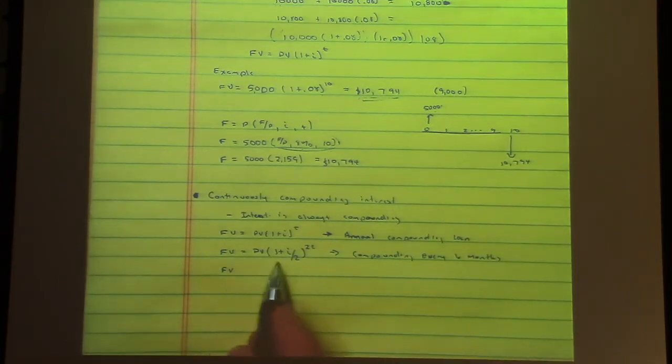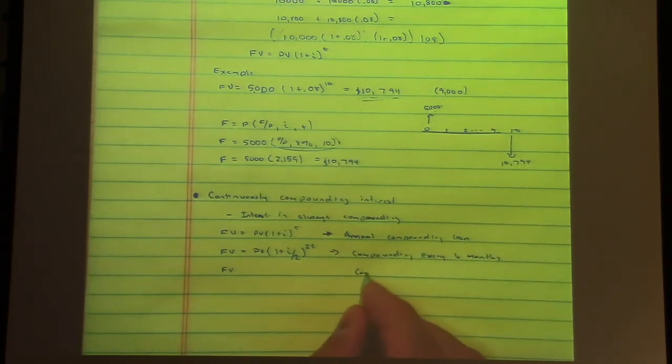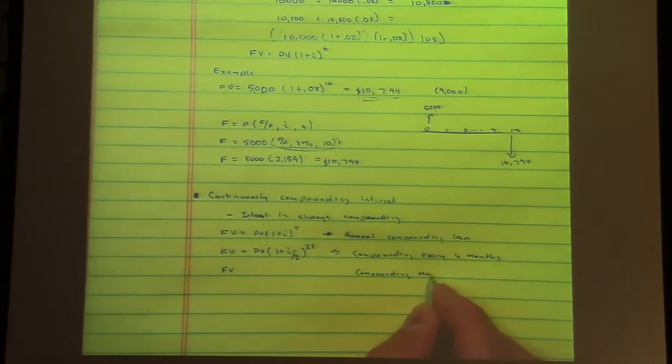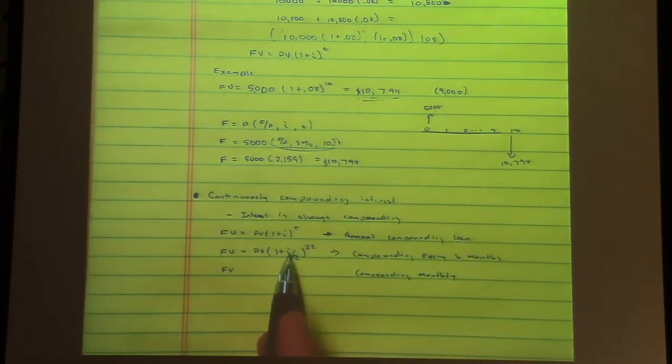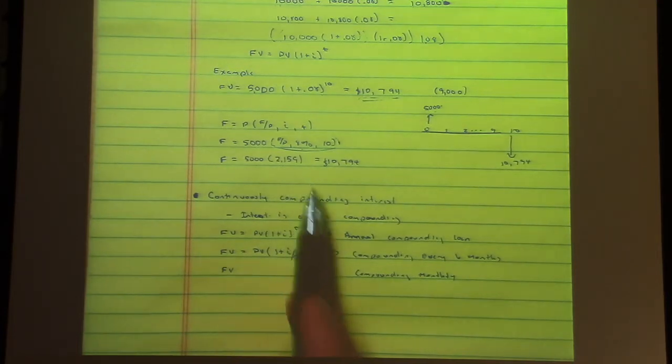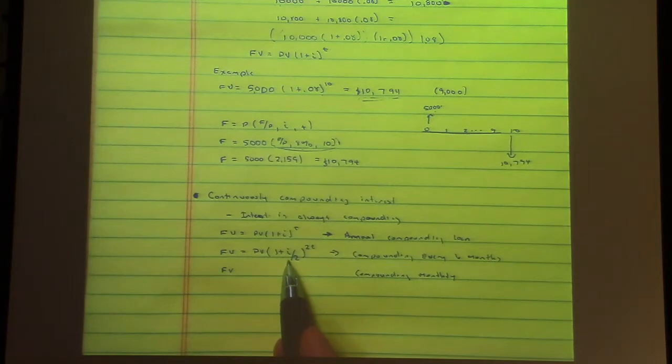If we were going to follow the same logic and say that we were compounding monthly, we could say that now our interest rate is going to be divided by 12. So our 8% interest rate would correspond to a 0.75% interest rate.